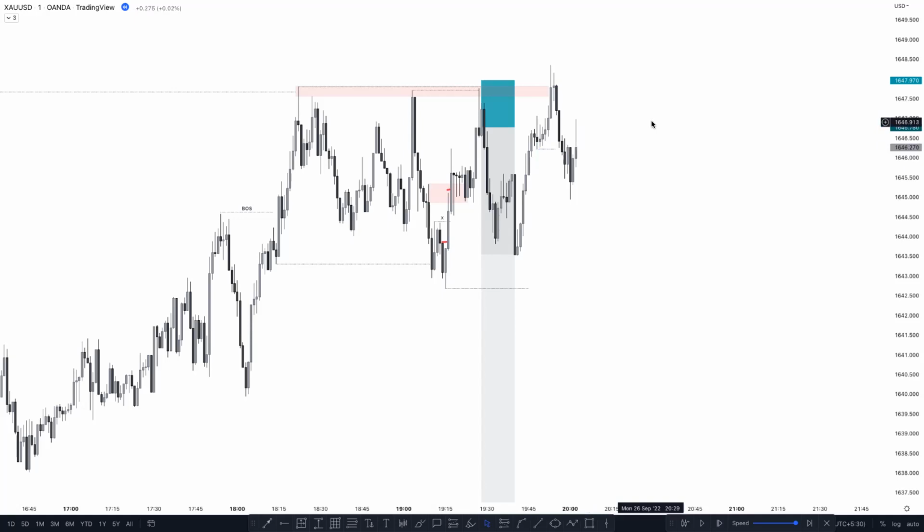After this change of character, you have to identify where our order block is. Order block means the last buying candle before the drop, or you can say the one which took out the liquidity, right? So in this case, which candle took out the liquidity? This candle, this bullish candle. This is the last buying candle before the drop, correct?